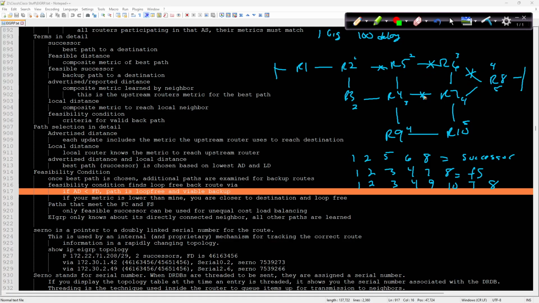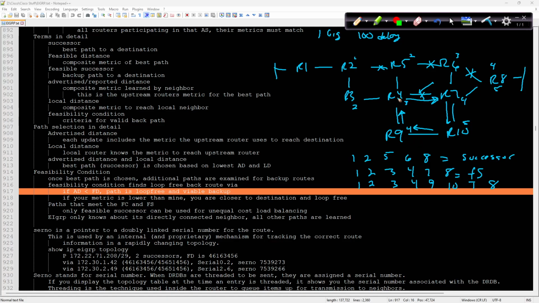Now, if R4 is good to go, would we ever take the path through R9? The answer is no, we wouldn't. There would be no reason for traffic to hit R7 and then for some reason go this way and then go to R10 to R9, then R9 to R4, then from R4 to R7. That would make no sense.